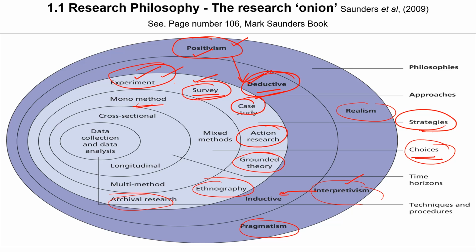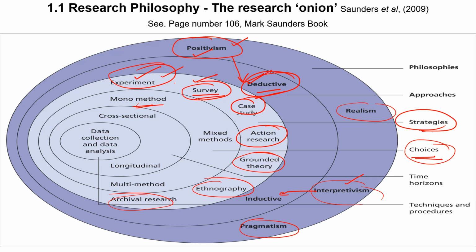You are going to make the survey among the employees before the training and after the training. That comes under longitudinal research. Then data collection: how you are going to collect the data, primary data, secondary data, and what data analysis technique you are going to use, descriptive, inferential, and all these things.